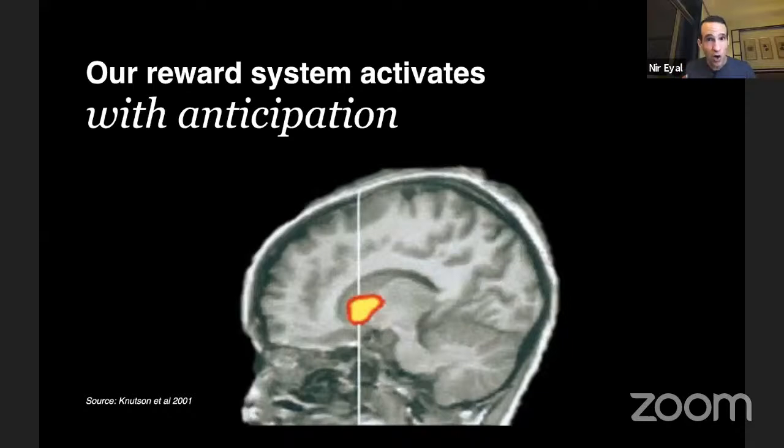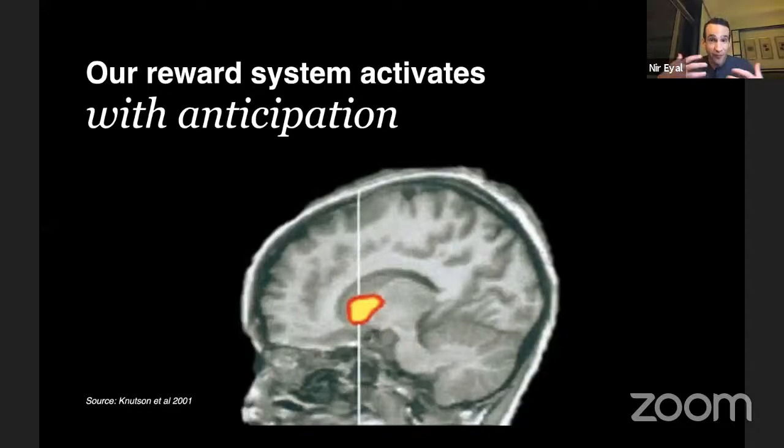And the way we know this is that we can actually see what is happening in people's brains when they are anticipating a reward. Because as you can see here from this fMRI study, the nucleus accumbens that you can see there in yellow and red becomes most active in anticipation of a reward.